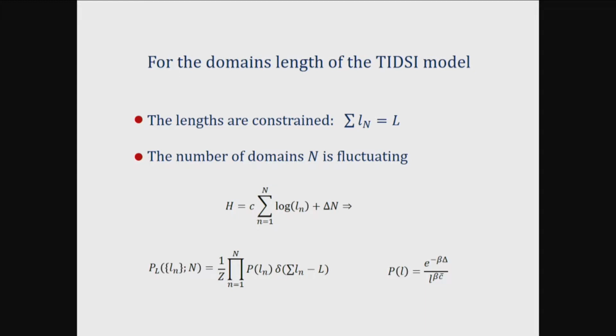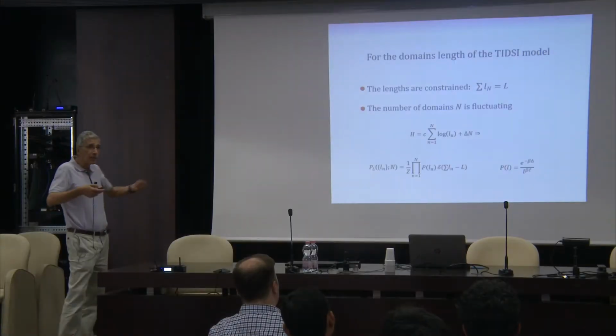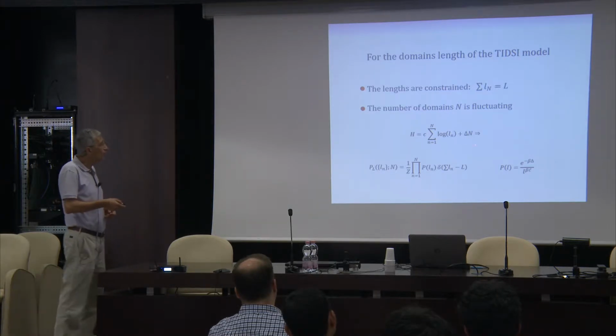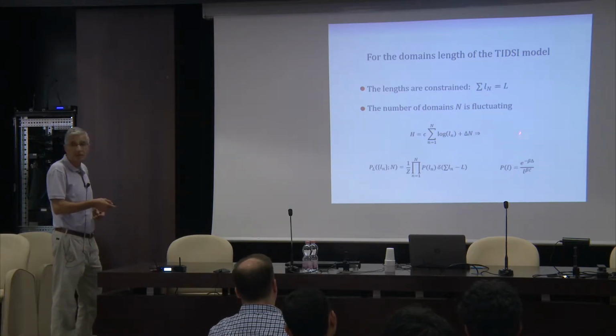Here, on the other hand, there is a little bit of a twist. The lengths are constrained, as in other studies that Claude described on the first day. The length is constrained so that the sum over L_n is just L. But also the number of domains is fluctuating, and it's controlled by a fugacity delta.